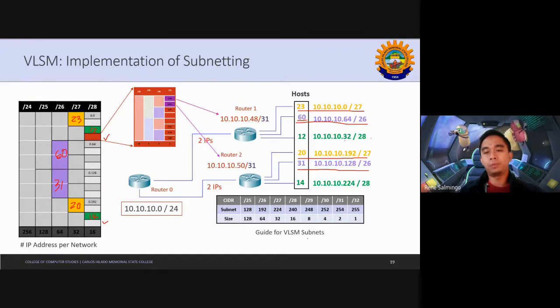So if you are going to allocate 254, there are two sizes, and you're just going to use this size for your notation.